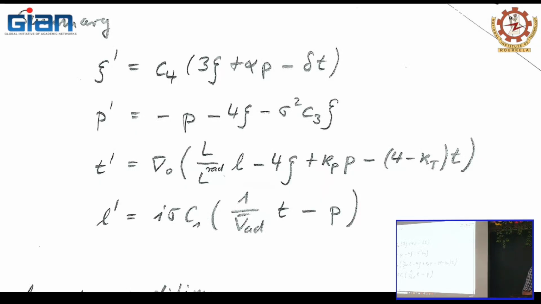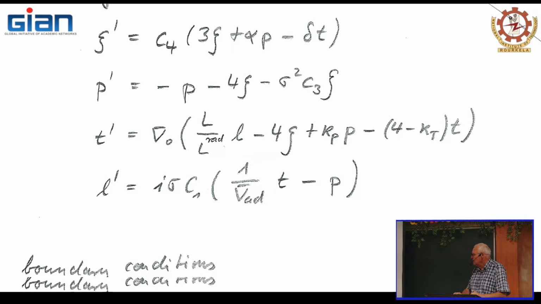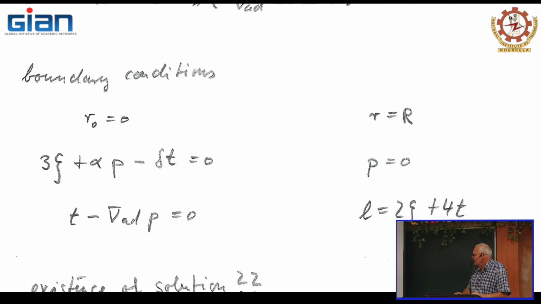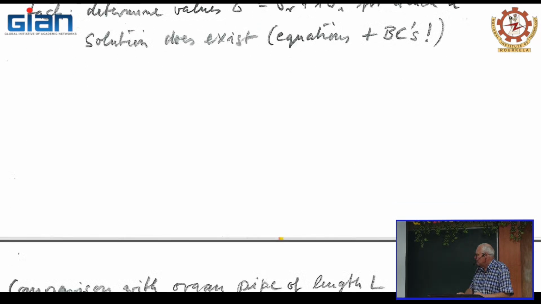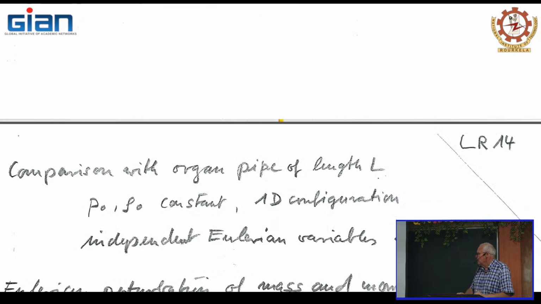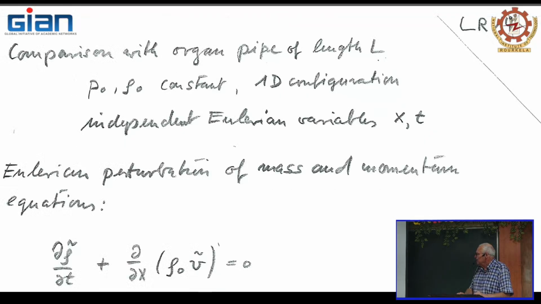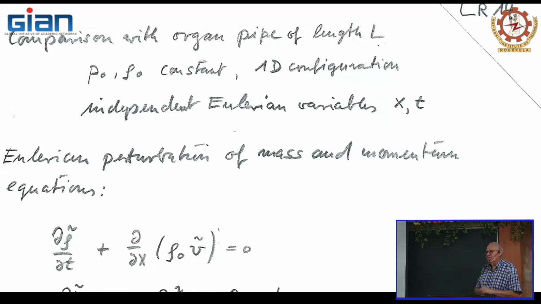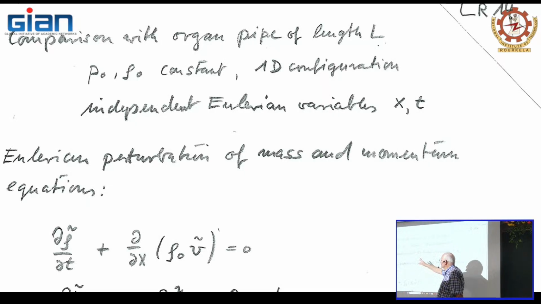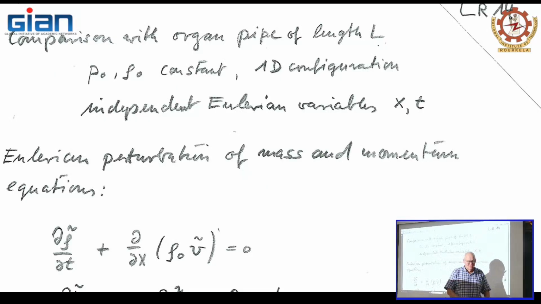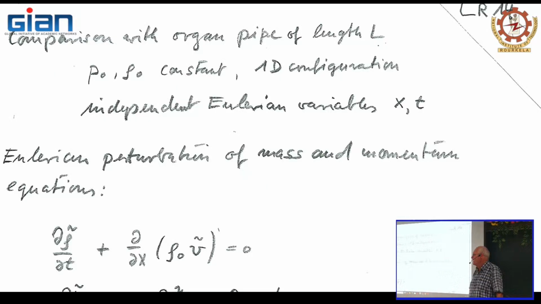The system which we had in mind was our analogon of the pulsating star, which is the organ pipe of length L, and we have considered the equations which govern small perturbations of the configuration of an organ pipe of length L, with constant pressure and constant density within our organ pipe.